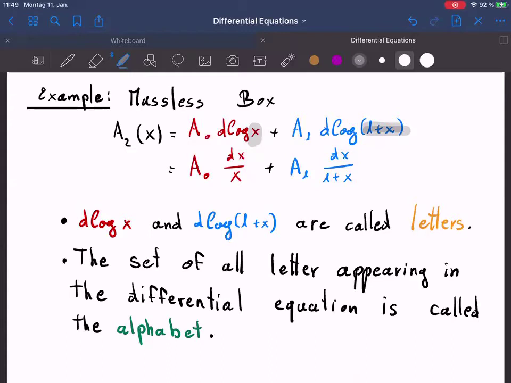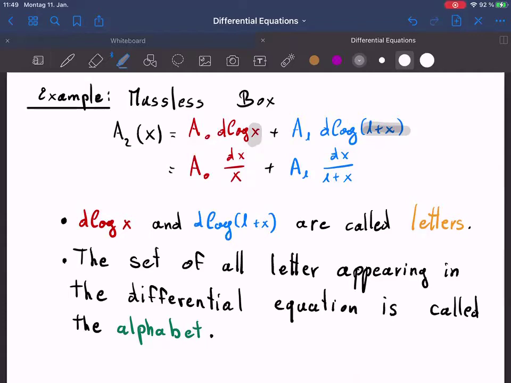Well, remember that when I write down the solution, I get iterated integrals, which have these sequences of omega 1, omega 2, omega 3, and the omegas are just the d logs. So you have your letters, which are the d logs, out of which you form these words, which are sequences. And the set of all letters you call the alphabet. It's a very natural language. The omega 1, omega 2, omega 3 sequences, which sit in the iterated integrals, those are the words. D logs are the letters.